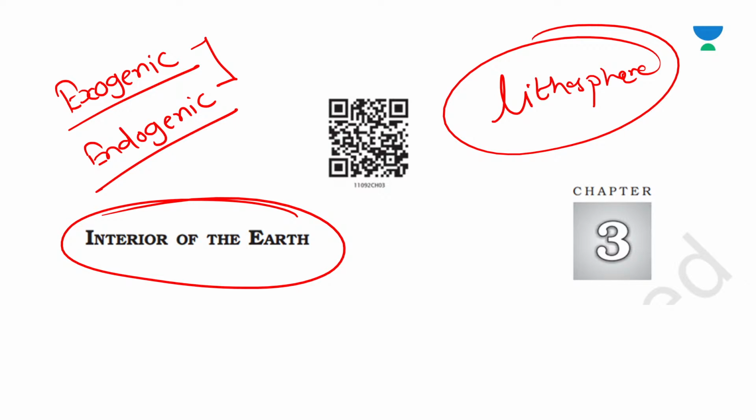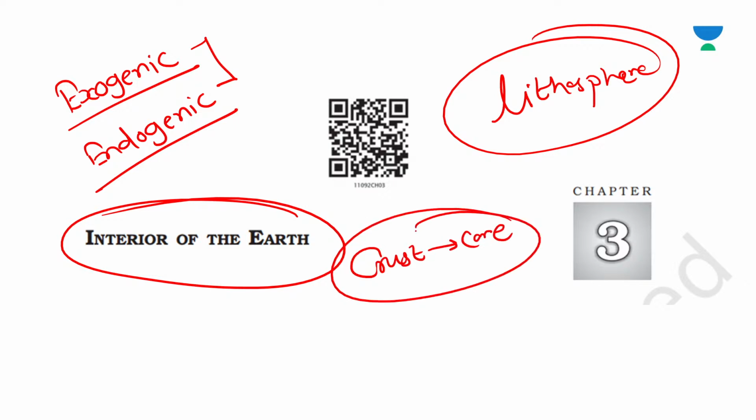Now, in an earlier chapter, we have studied that the earth forming materials have been distributed in the form of layers from the crust to the core.